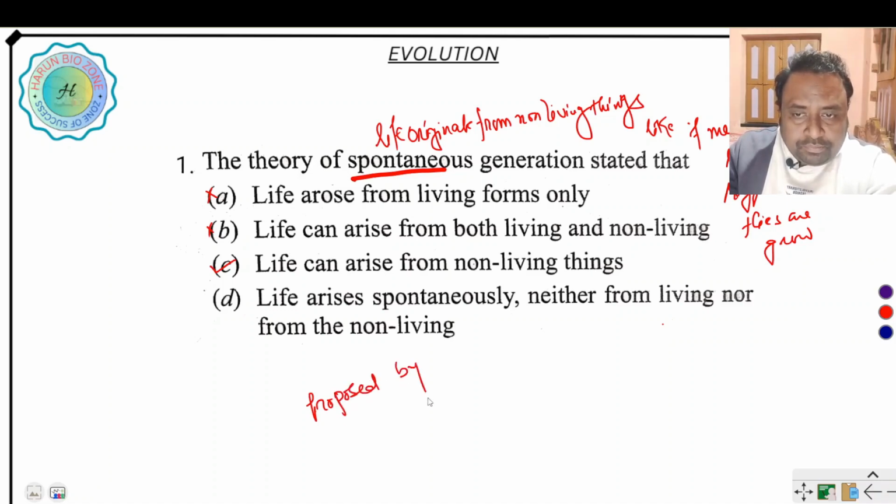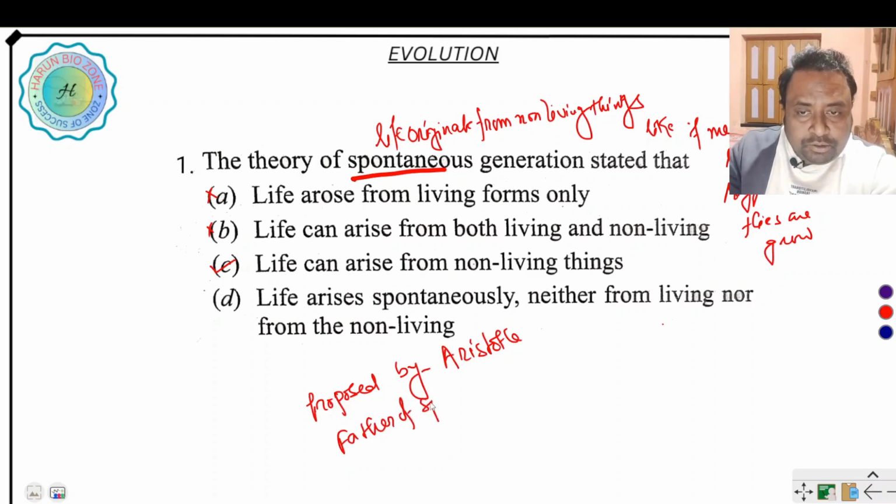So spontaneous generation was proposed by Aristotle, and the father of spontaneous generation is Thomas Huxley.